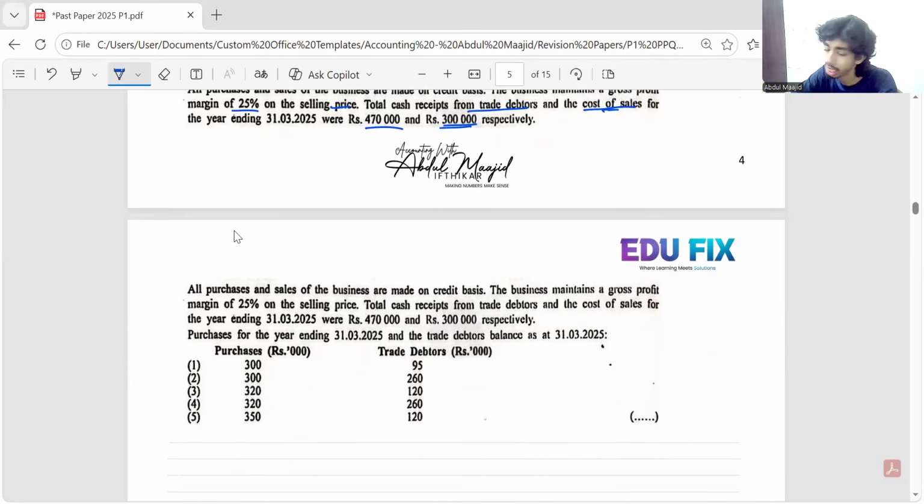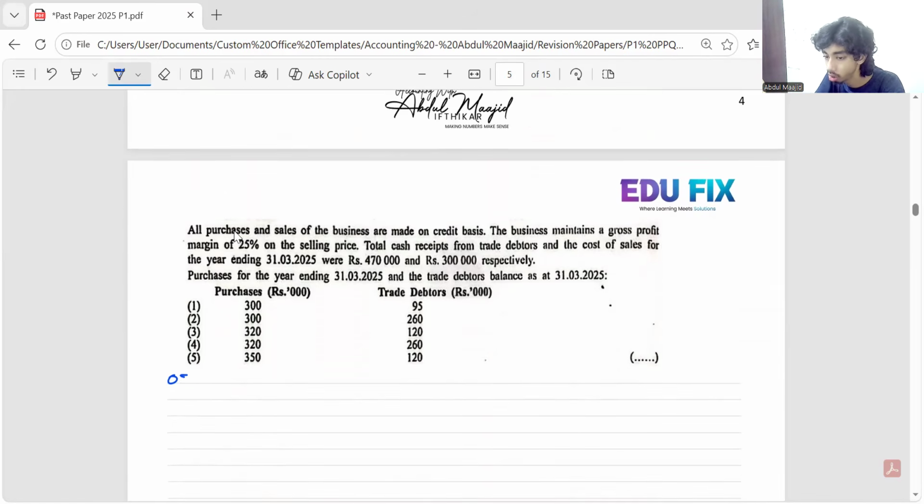Now we have to find our purchases value and trade debtor value. How can we find the purchase value? Through cost of sales. You all know opening stock plus purchases minus closing stock will give you your cost of sales.